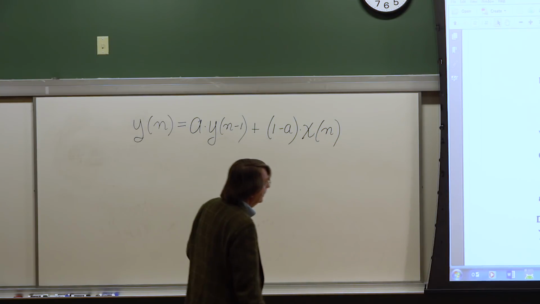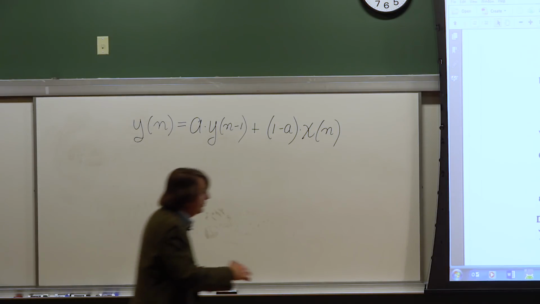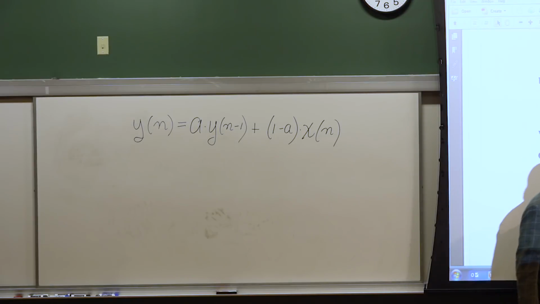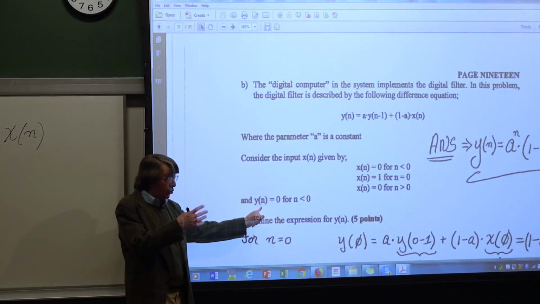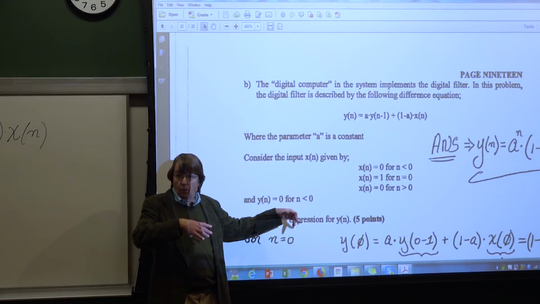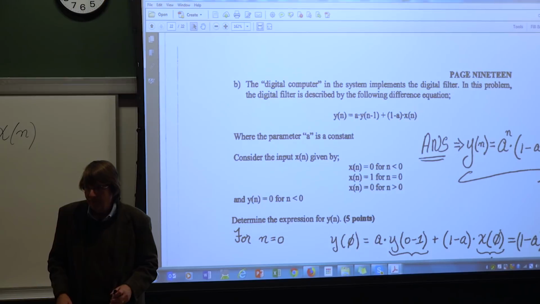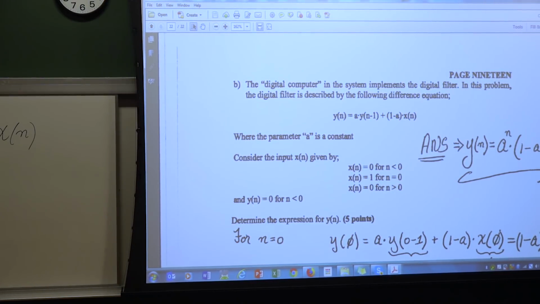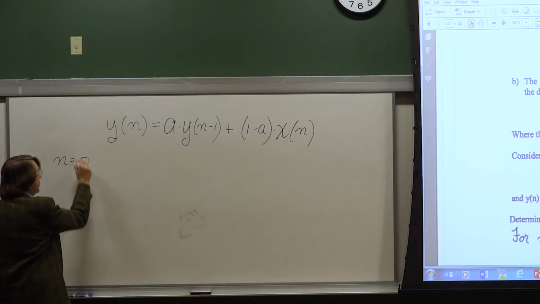All right. A is a constant, so I'm going to leave A as A. And the input, notice, the input is 0 everywhere except at n equals 0. And we're told that the initial condition for y is 0. For n less than 0, y is 0. So that tells me I start at n equals 0. So I ask you to solve for y sub n. My colleagues, take a deep breath and relax. You can do this. N equals 0.